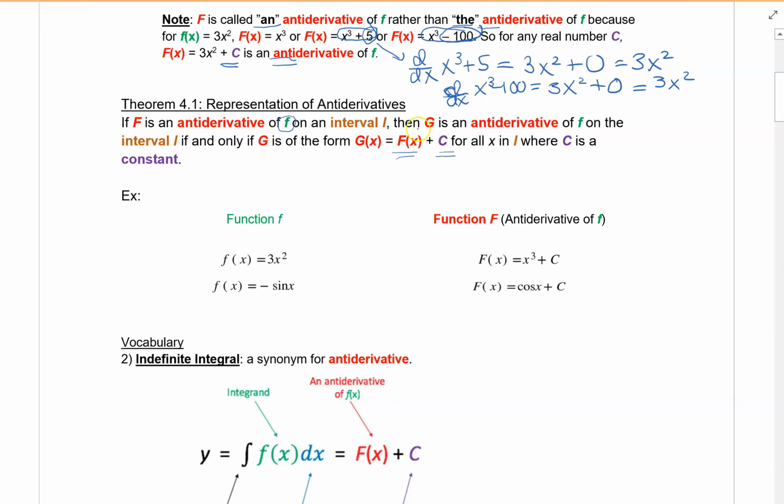So this reinforces the idea that any function with the addition of a constant, any constant, is also considered an antiderivative of lowercase f.